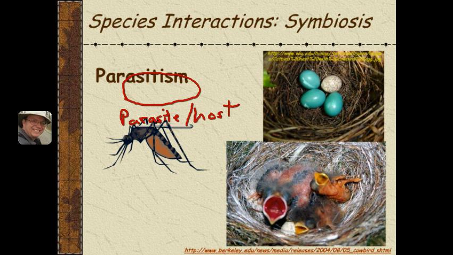The difference in parasite-host as opposed to predator-prey is that the parasite is not intending to kill its host. In predator-prey, the predator is going to kill the prey and eat it. In parasite-host, the parasite, in the role of a, quote, predator, unquote, is going to be utilizing resources from the host, but it's not intending to necessarily kill the host.